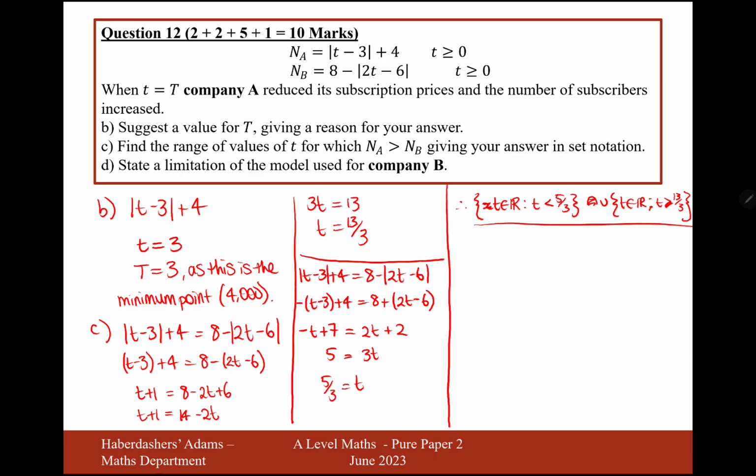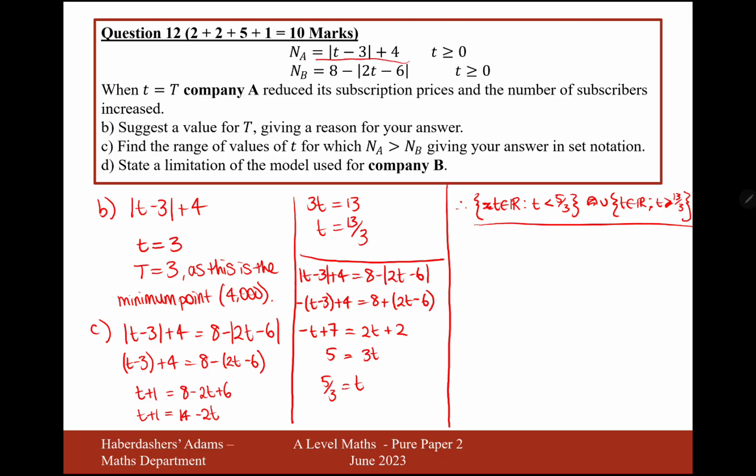State one limitation of the model used by company B. So the limitation is that the number of subscribers will become negative when t is bigger than 7.